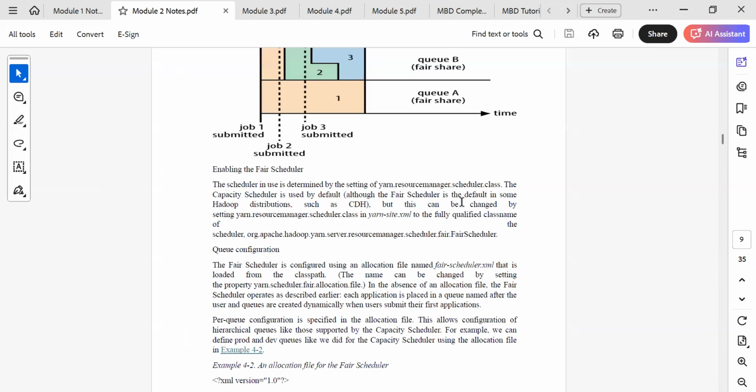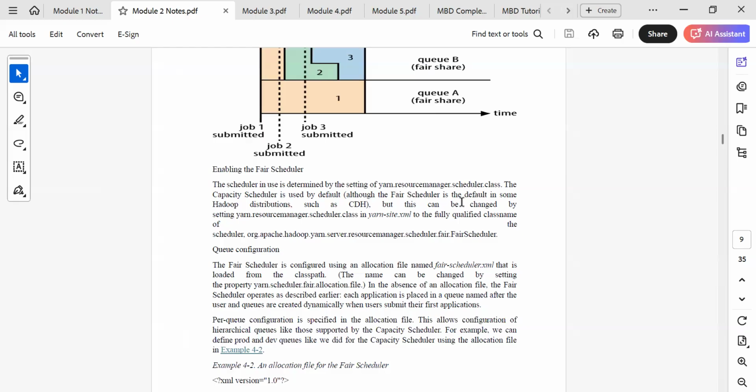Fair scheduler queue configuration. The fair scheduler is configured using an allocation file named fair-scheduler.xml that is loaded from the classpath. The name can be changed by setting the property yarn.scheduler.fair.allocation.file. In the absence of the allocation file, the fair scheduler operates as described earlier. Each application is placed in a queue named after the user, and queues are created dynamically when users submit their first application.